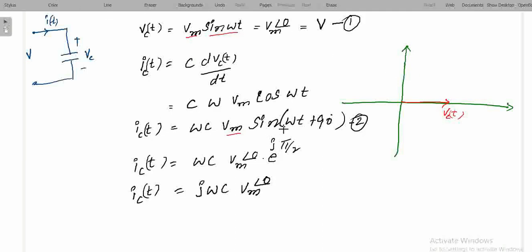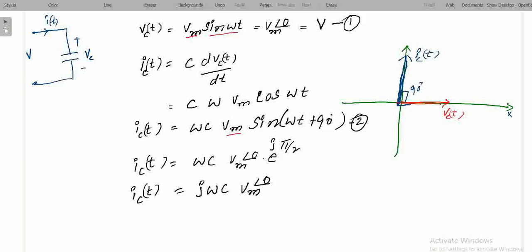And how much is the phase difference? This sin omega t is making 0 phase difference with the x axis, but this is making 90 degrees with the x axis. So this will be the IC of t, which is making 90 degrees.